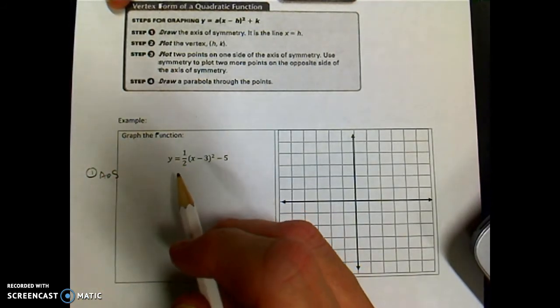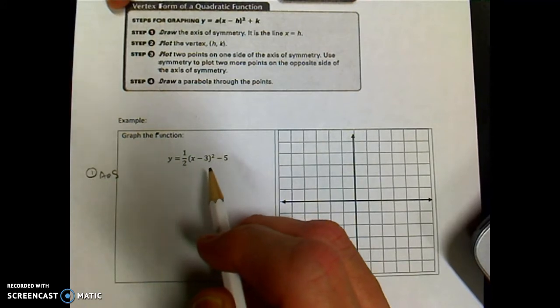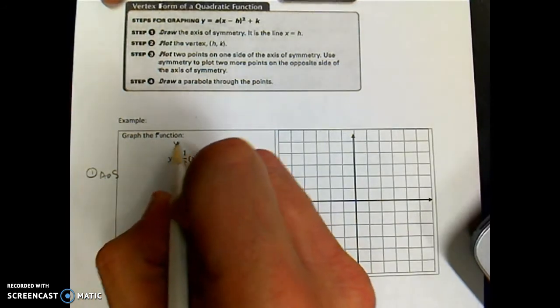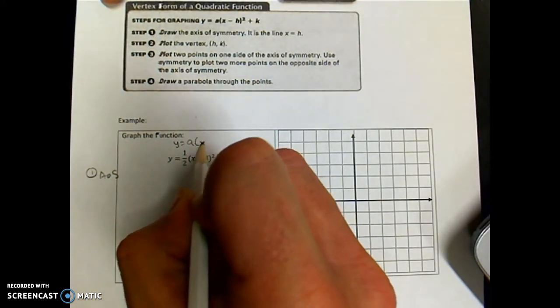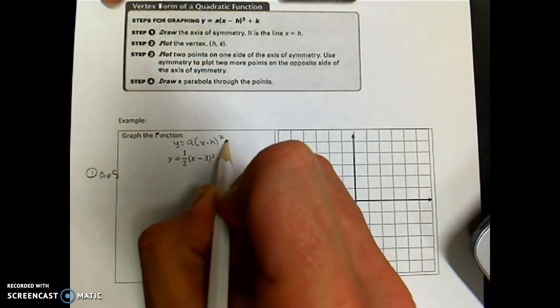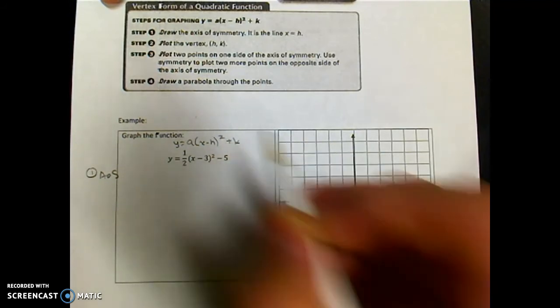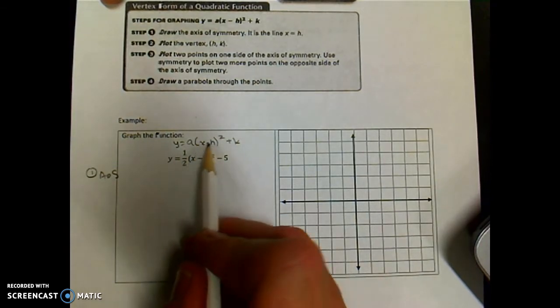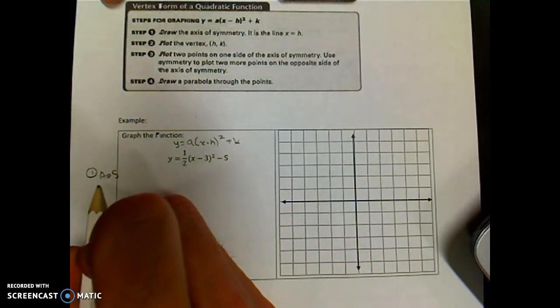For the function y equals 1/2 times the quantity x minus 3 squared, minus 5. There's our form, y equals a times x minus h quantity squared plus k. I can see x minus h and x minus 3.